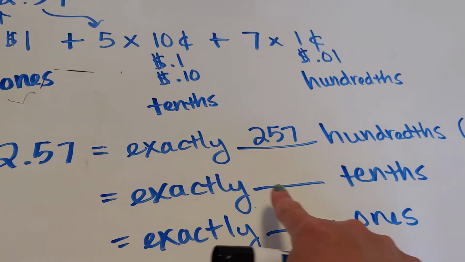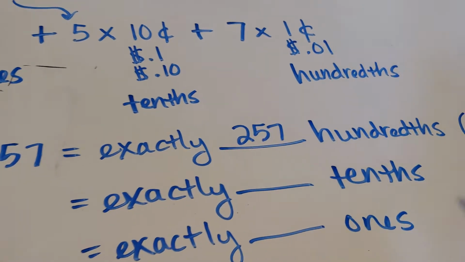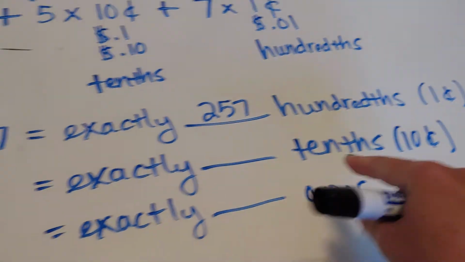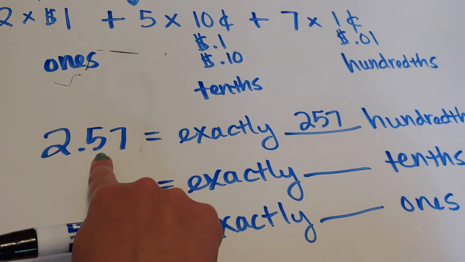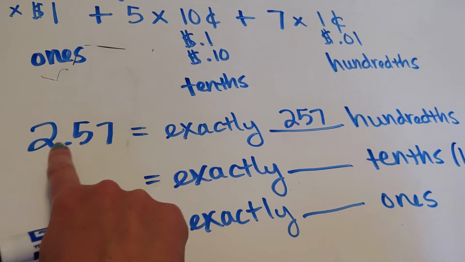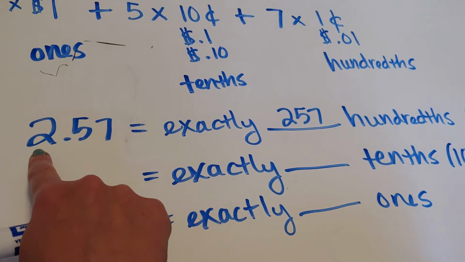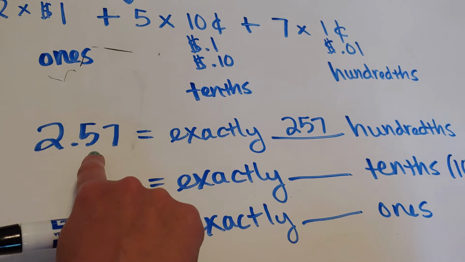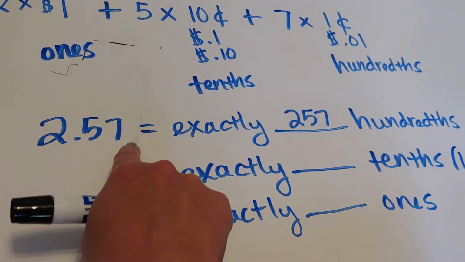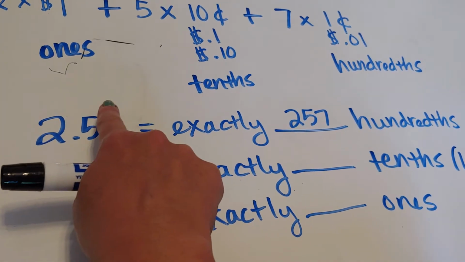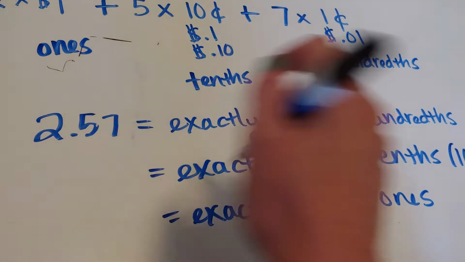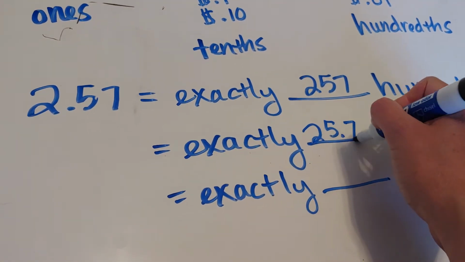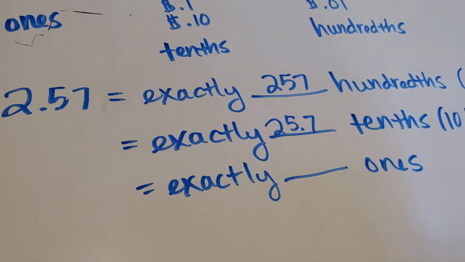Okay, let's try the next one. If I was going to use tenths, which are dimes, how many dimes would I need? Well, I'd need 5 dimes here, but I'm going to have to write 10 dimes twice, so that would be 25 dimes. And then that 7 cents I can't represent as a dime, so it's going to be a fraction of a dime. So this would be 25.7 tenths.